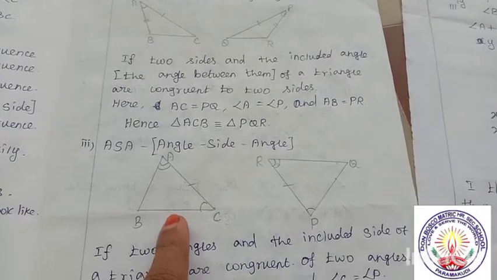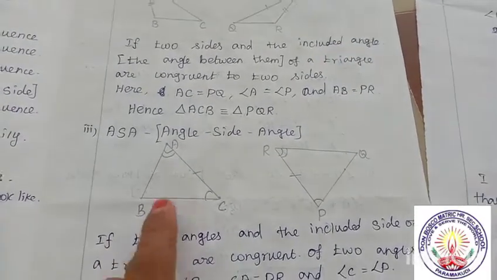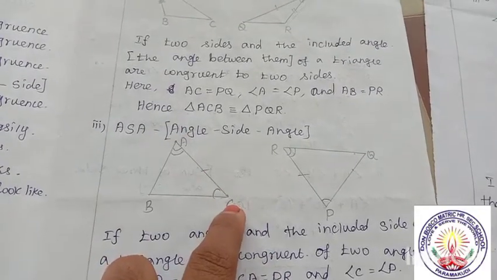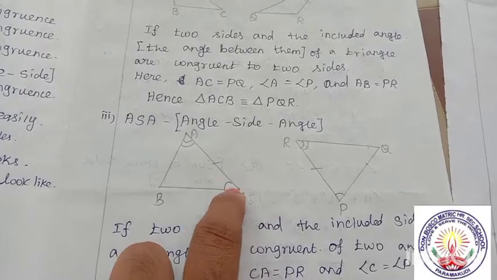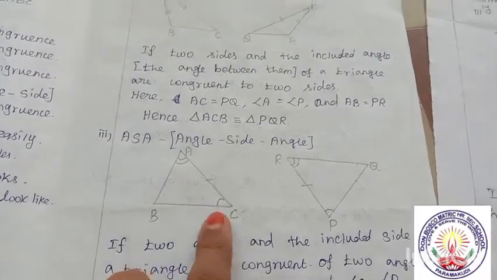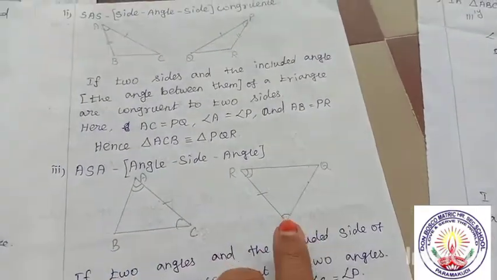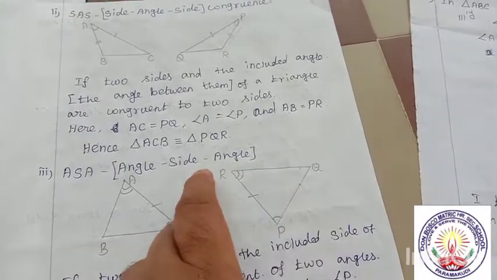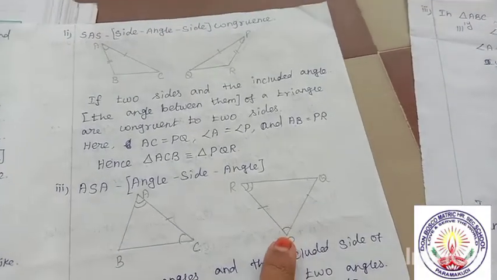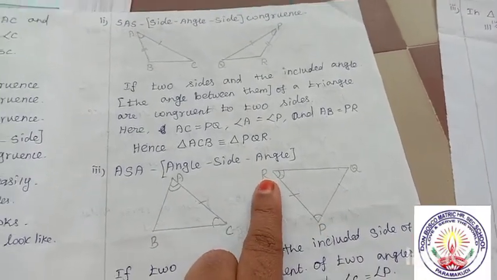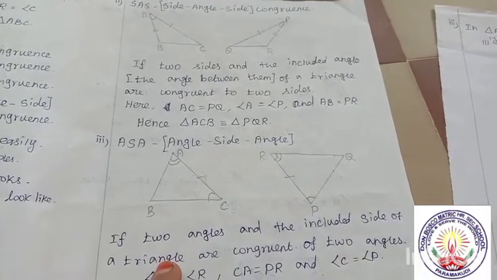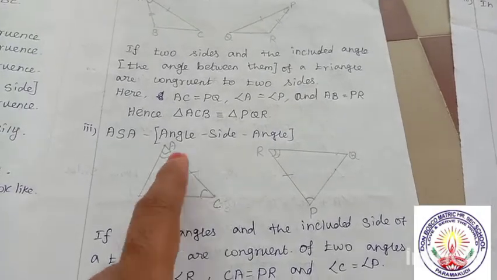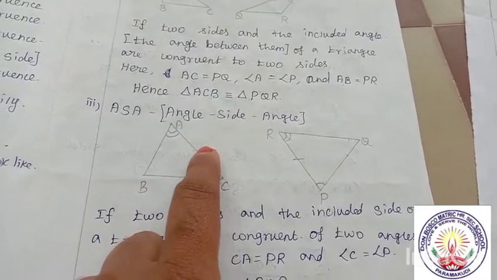You draw any two triangles. Okay, ABC. AC is one side, angle A and angle C are the angles. Next, RPQ, angle B and angle R are the angles. Okay, if two angles and their included side of a triangle are congruent to two angles and the included side of another.